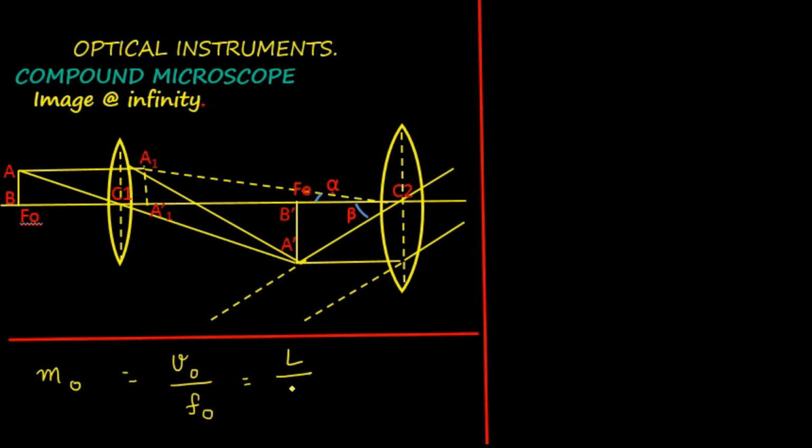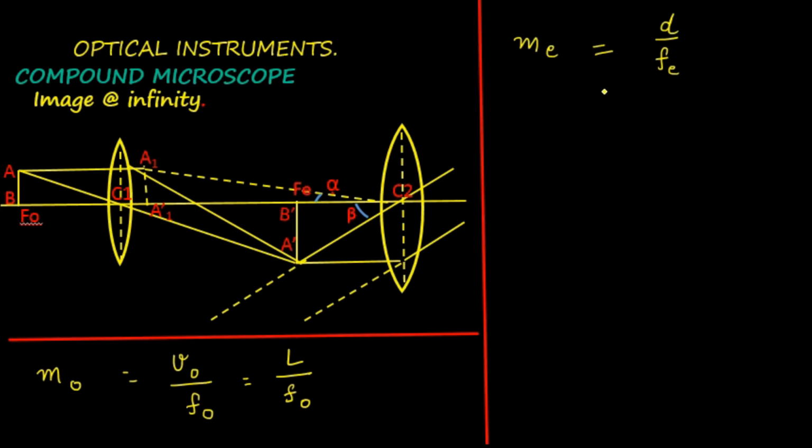It becomes L by FO. And we have already derived for ME, eyepiece, which functions as a simple microscope, magnifying power is equal to D by FE, that is 1 less than that when the image is formed at least distance of distinct vision.